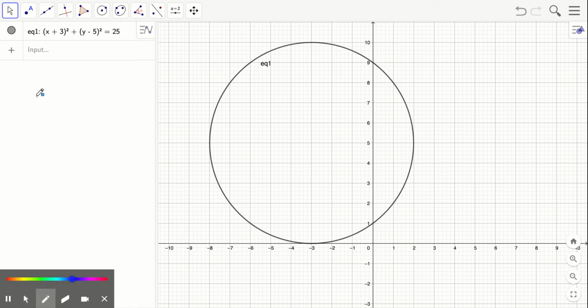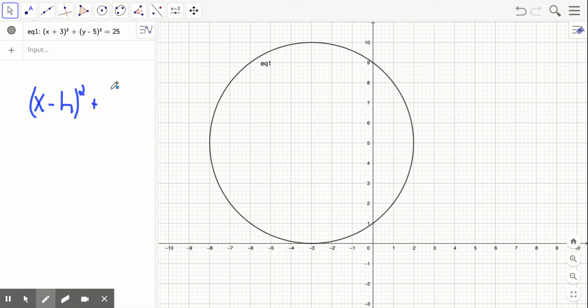What I want to emphasize now is that the general form, or the standard form of equation for a circle, is x minus the horizontal shift squared plus parentheses y minus the vertical shift, which they use a k for that, squared, equals the radius squared.